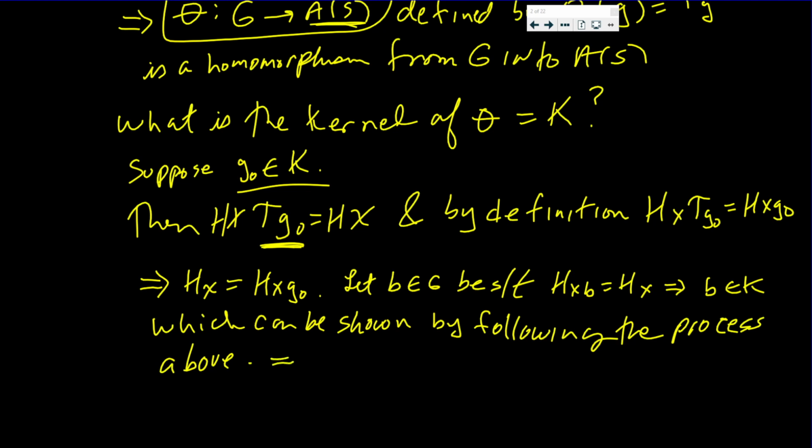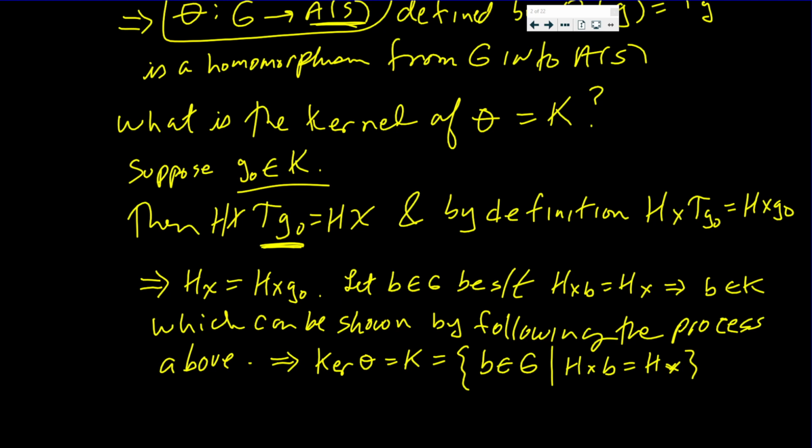So this implies that the kernel theta, which I called K, is the set of all B in the set G such that HXB is equal to HX. Okay.